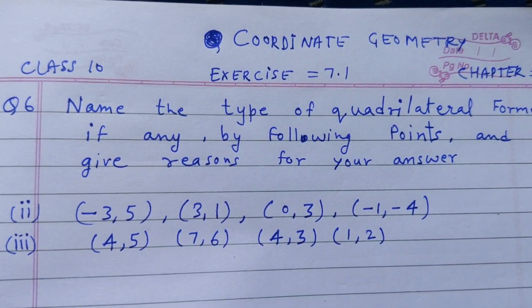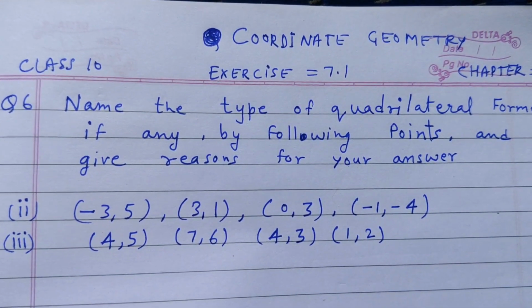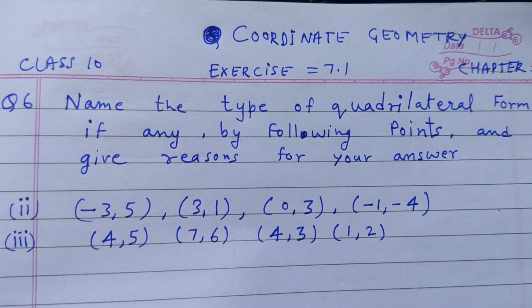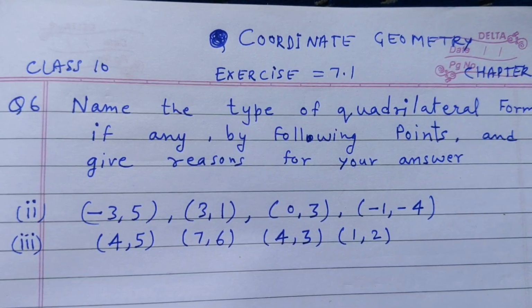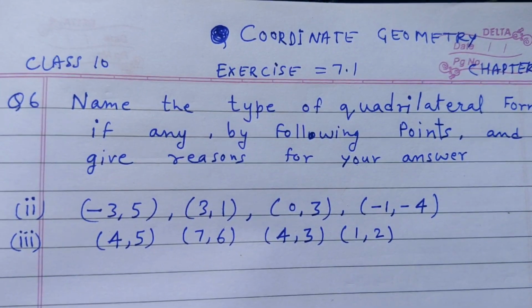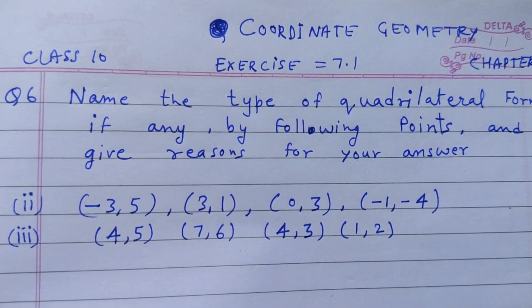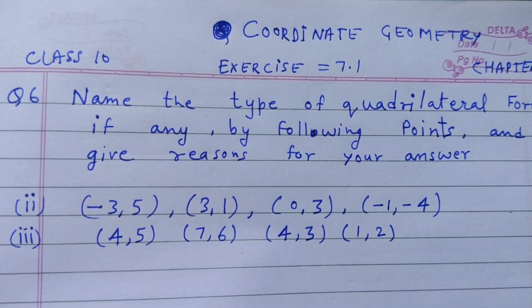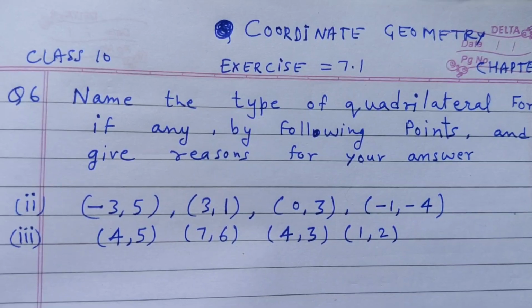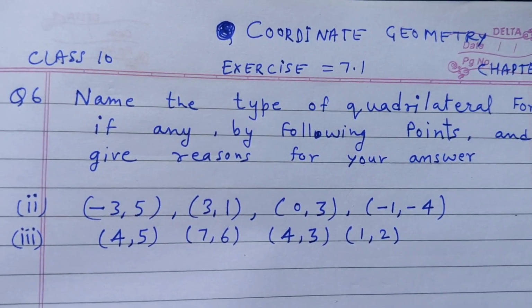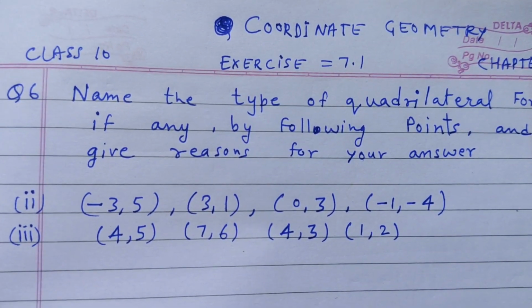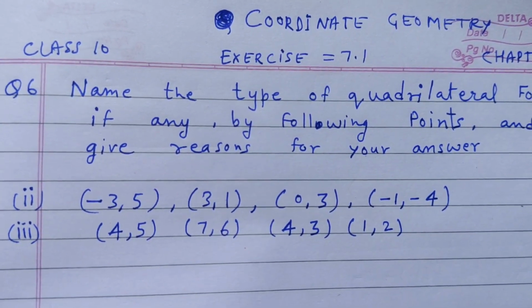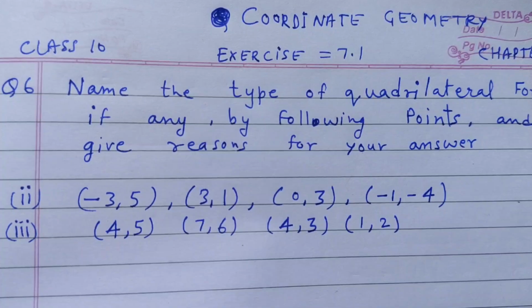Question number 2: (-3, 5), (3, 1), (0, 3), (-1, -4). Third is (4, 5), (7, 6), (4, 3) and (1, 2).